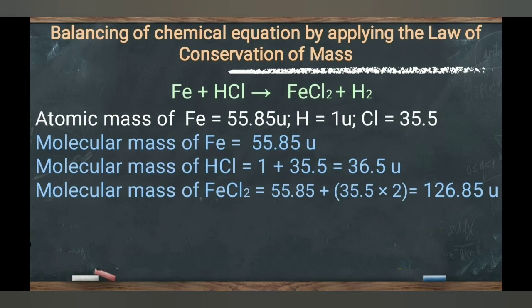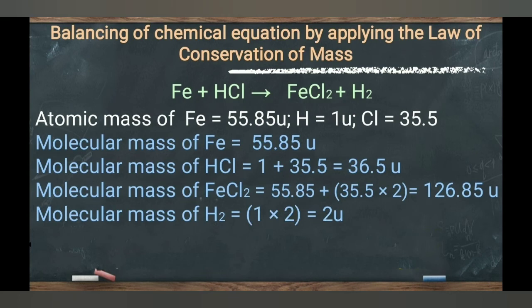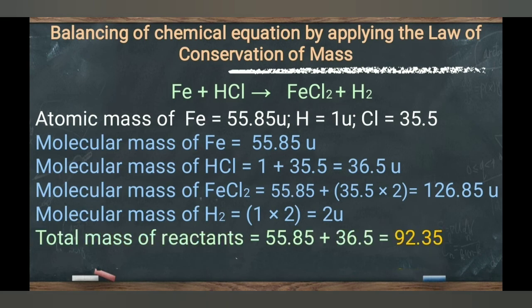And the molecular mass of hydrogen is equal to 1 multiplied by 2 equal to 2 units. The total mass of reactants is equal to the molecular mass of iron plus the molecular mass of hydrochloric acid, which is equal to 55.85 plus 36.5 equal to 92.35 units.